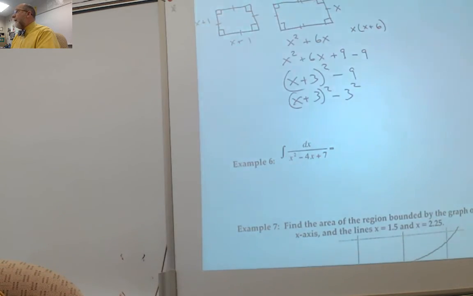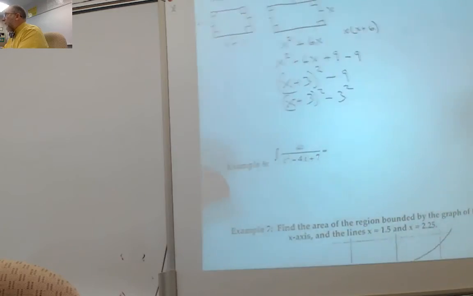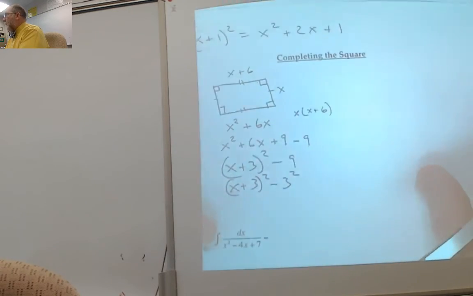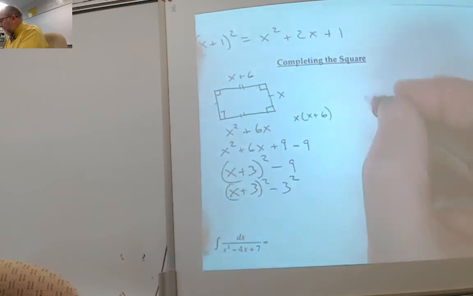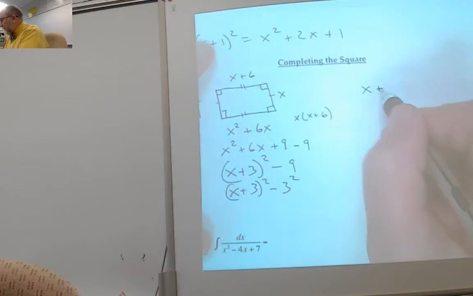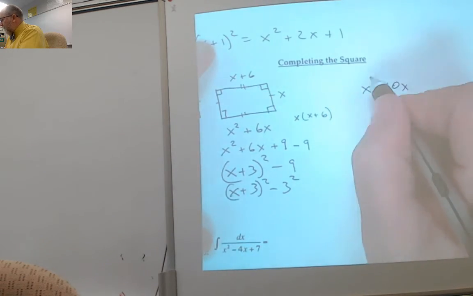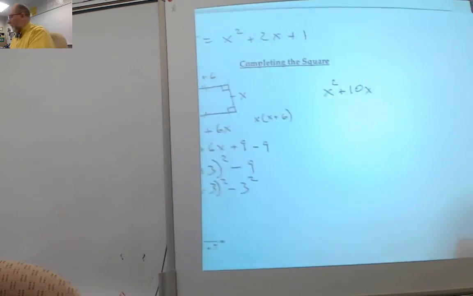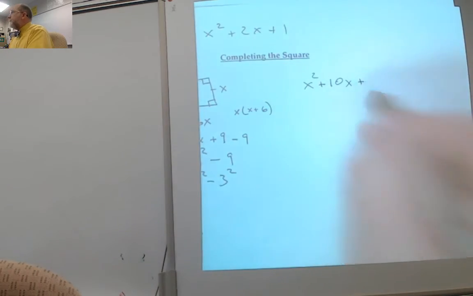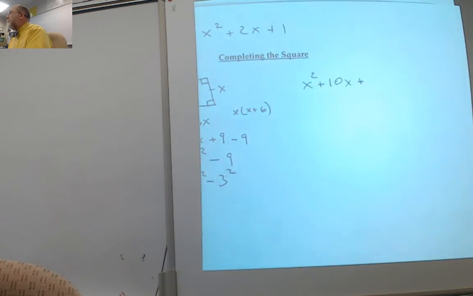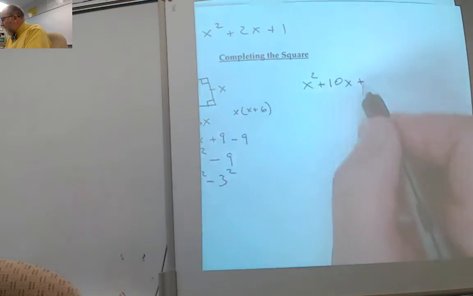Matt, you've been feeling ill. Can I call on you? You can call me, probably. Okay. I want to see if you can complete the square for me, okay? Ready? What do you think? 25. And then what, followed by a?